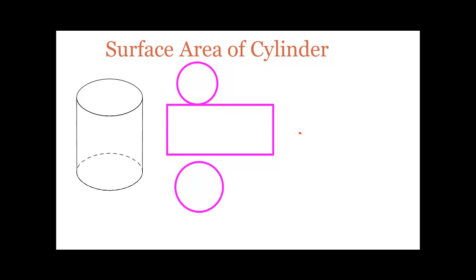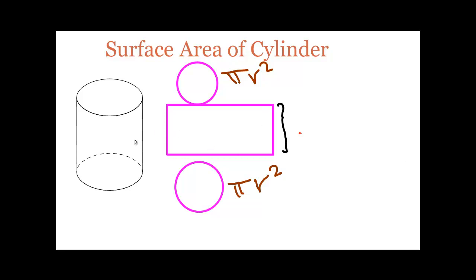Now let's find the area of each shape separately, and let's start with the area of this circle. Area of a circle equals pi r squared, and the area of the bottom one is also pi r squared. To find the area of this rectangle, we have to know the length and the width.